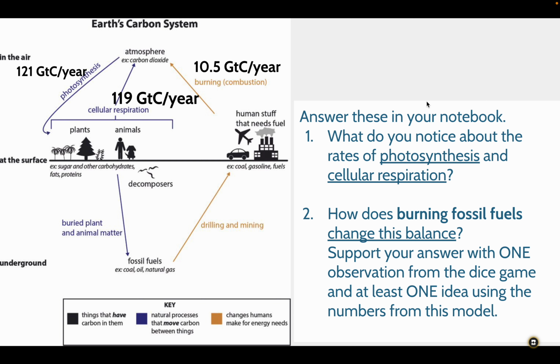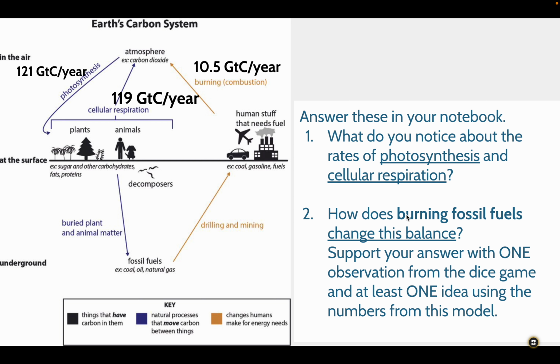So take a minute and you're going to answer these right on your sheet, not in your notebook. But I notice that photosynthesis and cellular respiration, take a look at those numbers. 121 versus 119, that's pretty close. And it actually would be taking out a little bit more carbon dioxide than is being put in.